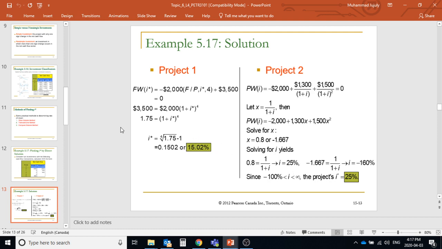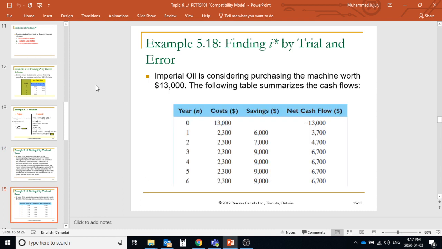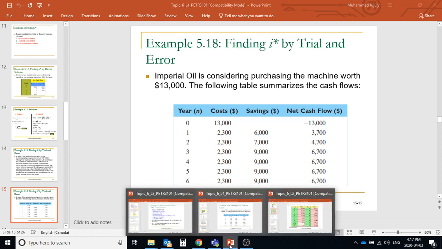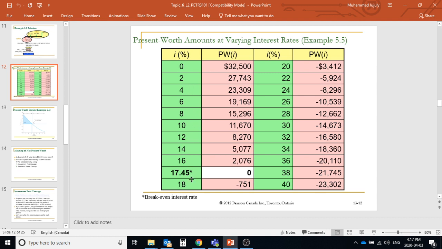We can also do the iteration, which is also called the trial and error method. In this problem, you remember this tier 2, here we did the iterative method: 14, 16, 17, 17.5, and it became 0.